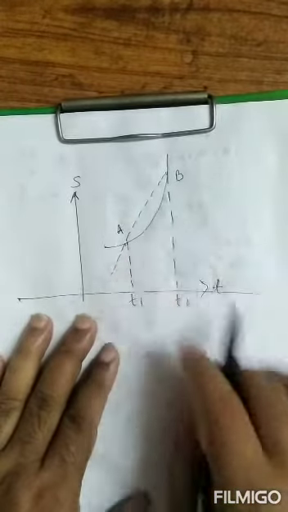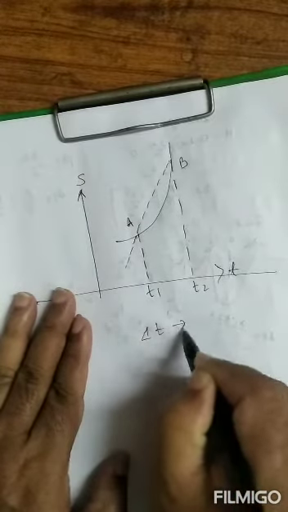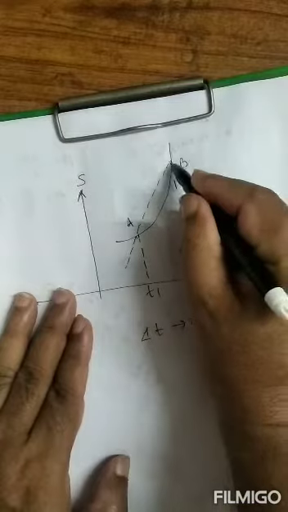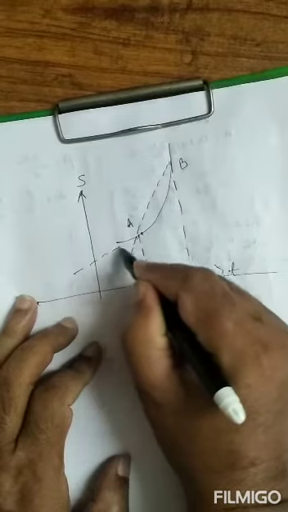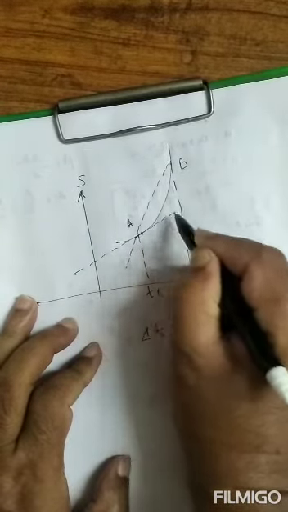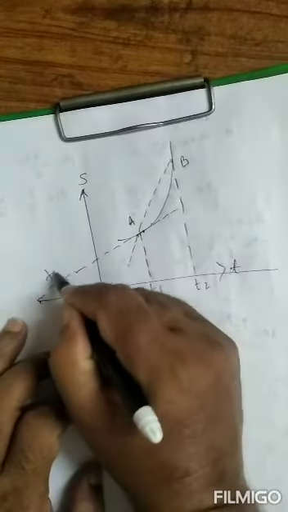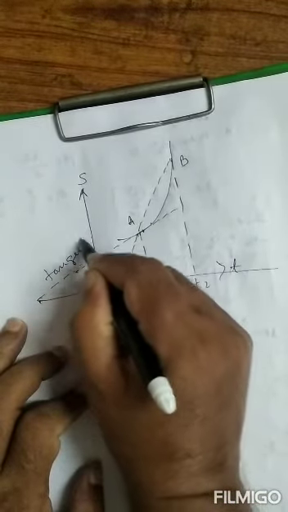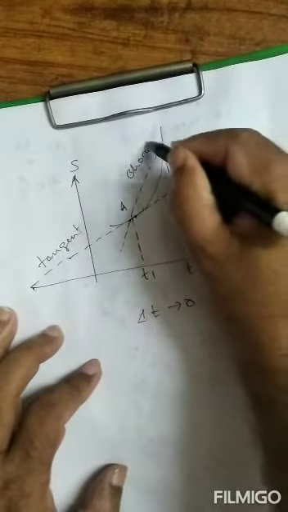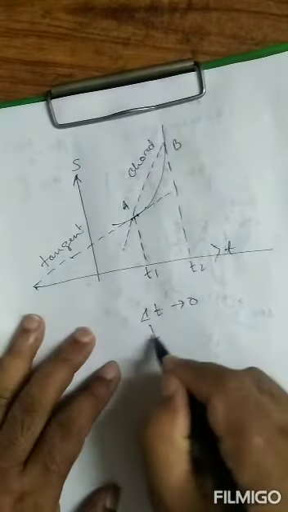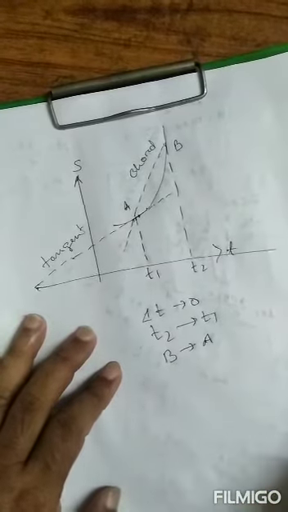I slightly extra plotted this line. When this delta T tends to 0, then what happens? This point B comes very close to A. As a result, this chord AB becomes tangent at the point A. The chord AB, when delta T tends to 0, that means T2 very close to T1, B tends to A.